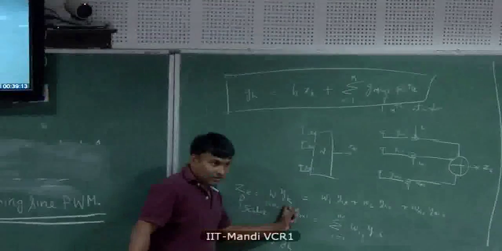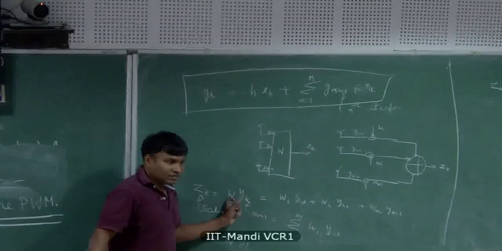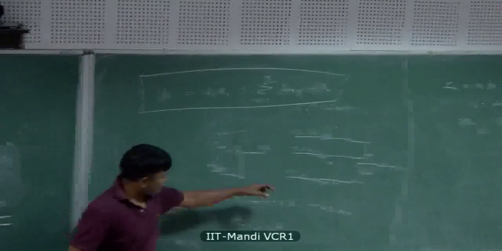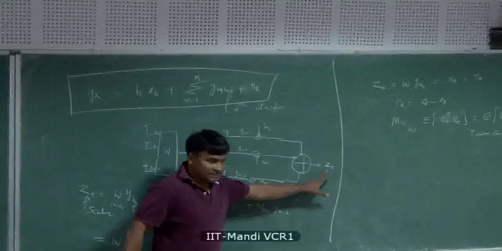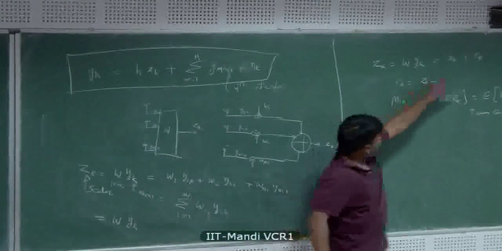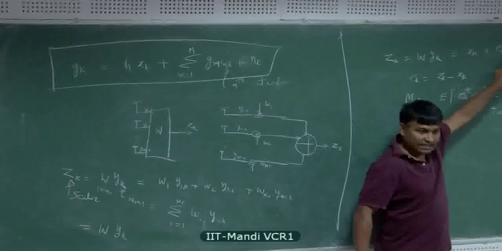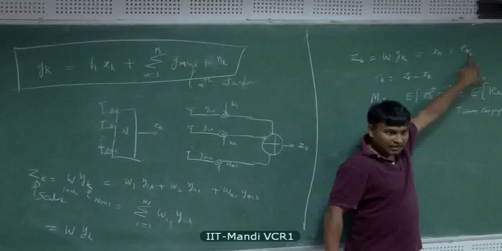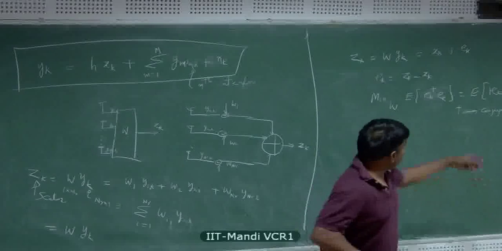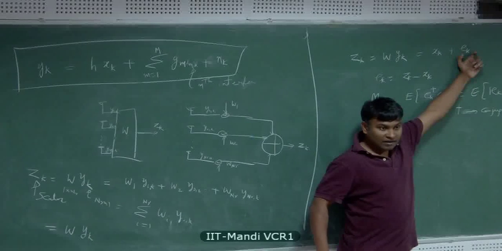Yk is a vector valued observation. W is the filter acting on it, and we have combined them. Okay. Zk is a scalar. Zk is equal to xk, a scalar, plus ek, a scalar. And at the output of the combiner, you want to minimize the variance of ek.